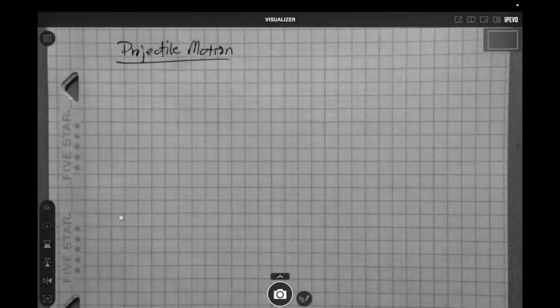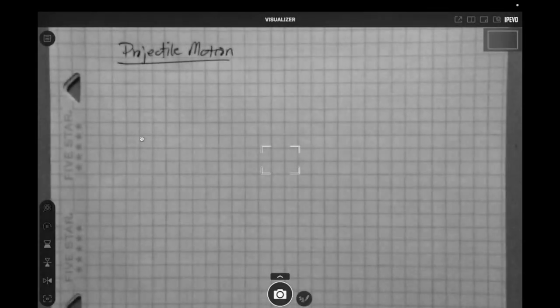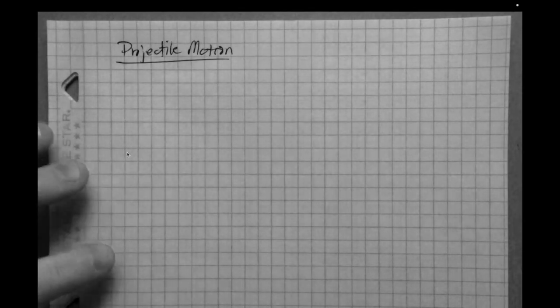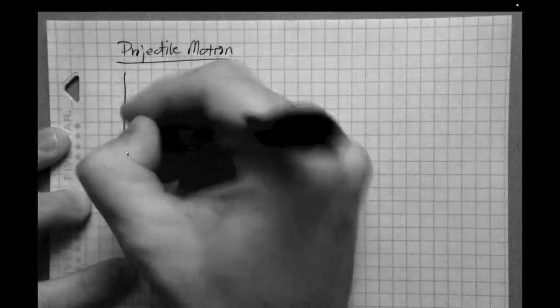So this is usually where you will start in a physics course with projectile motion. And so we really do have all of the necessary machinery to derive the parametric equations for the path of a projectile. Okay, and so when we talk about a projectile, what do we mean?